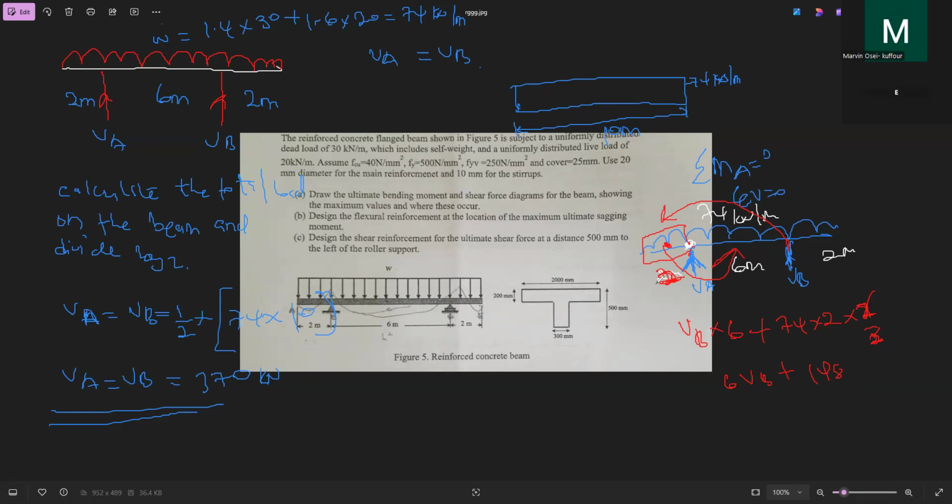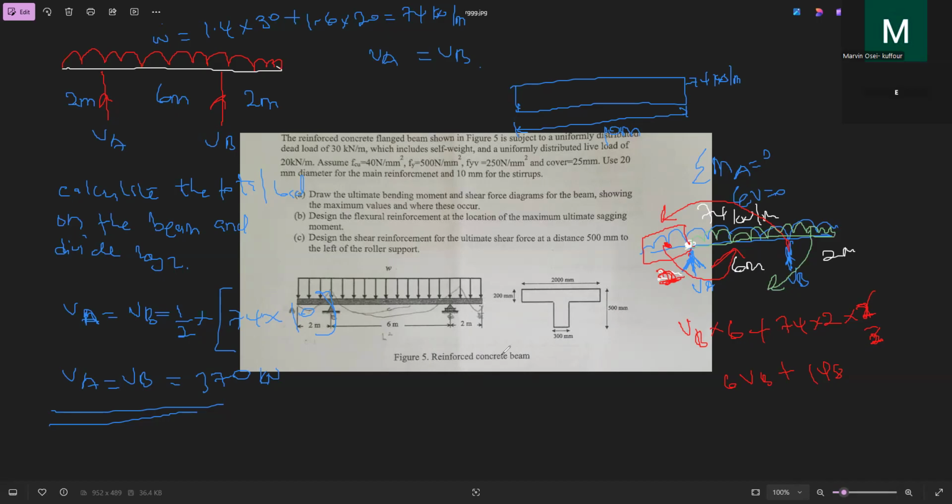So let's calculate for the next rotation. We did anti-clockwise, so let's do clockwise. With clockwise rotation, we are only going to have 74 times 8 from here to here. This part of the UDL is going to turn it this way.